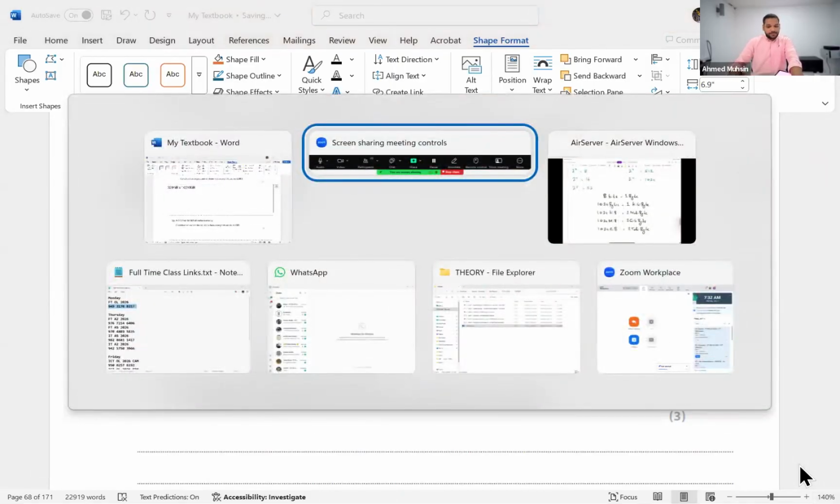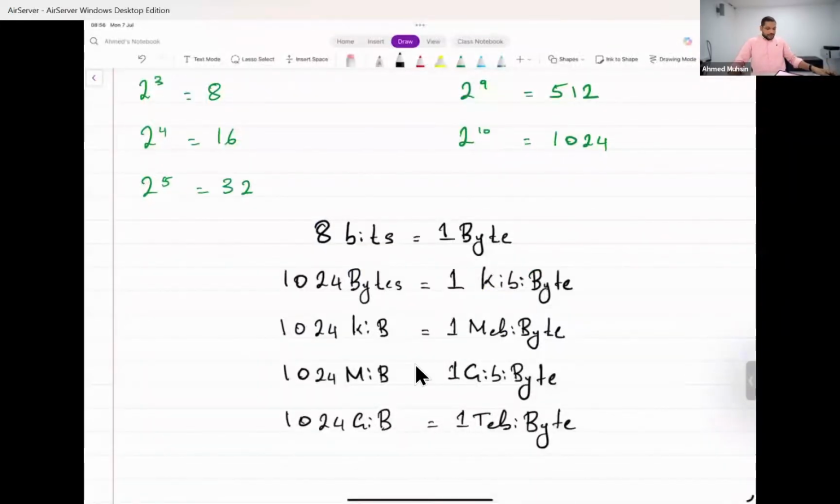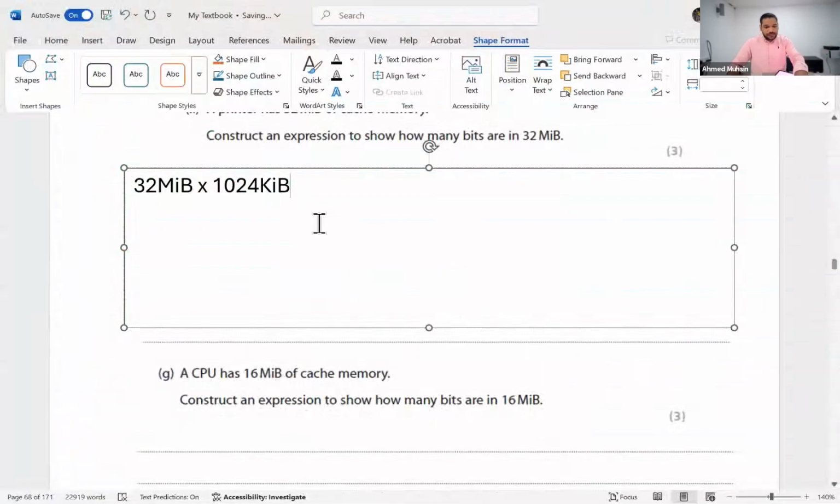Can you all see here? Everyone, we were in MiB. Now we come to KiB. From KiB, we go to bytes. From bytes, we come to bits. So from here, 1024, 8. Then again, 1024 bytes. And then 8 bits.